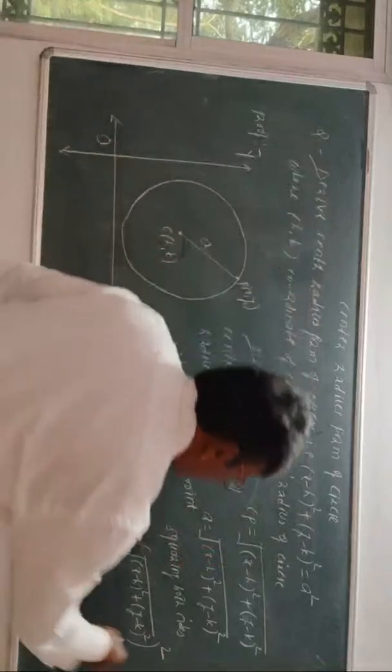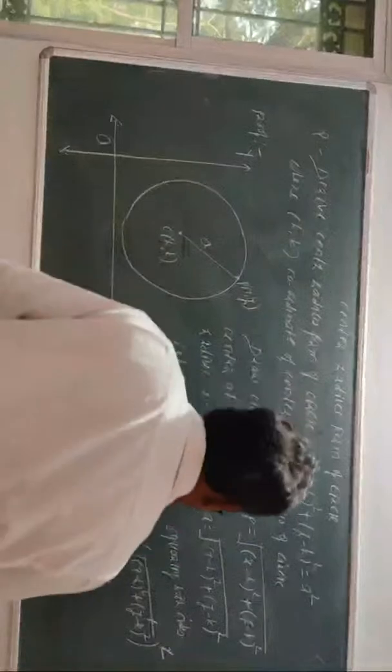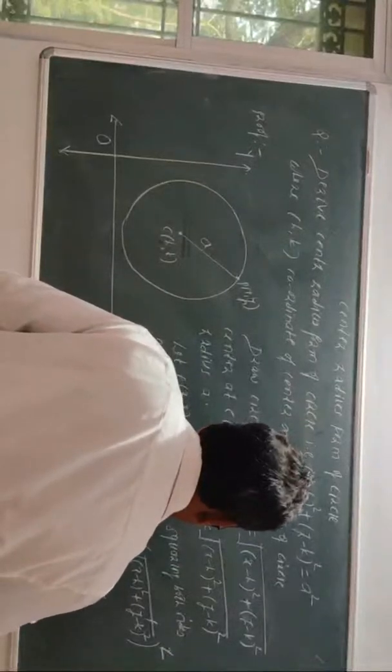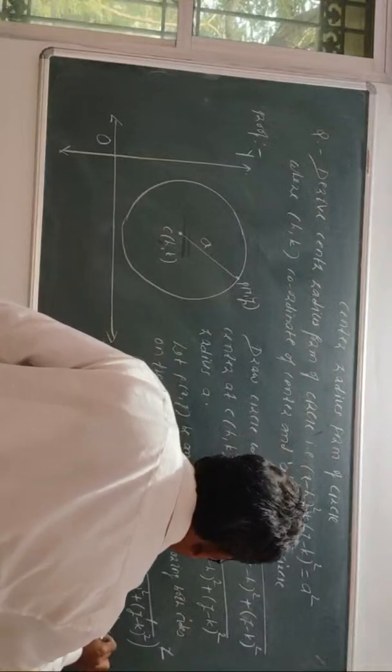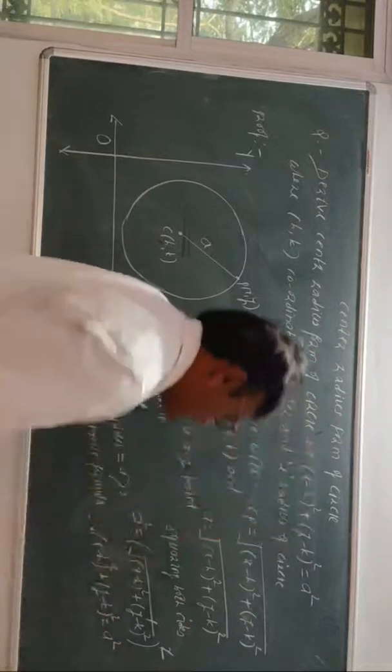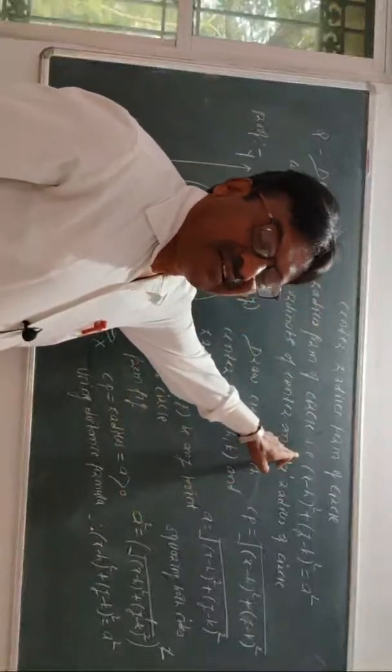Then square and root cancel, therefore x minus h whole square plus y minus k whole square equals a square, and this is the required proof of the center radius form.